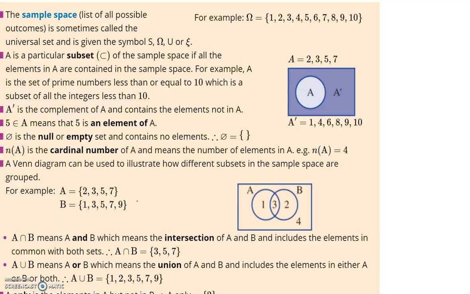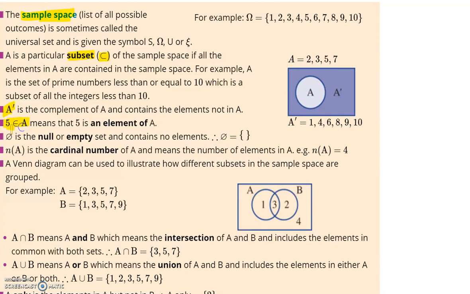Now, very important to note all of these different vocabulary. So a subset is represented by that sign, like a C. The sample space is basically all the outcomes that you can get. A complement means everything apart from A, so everything outside A.